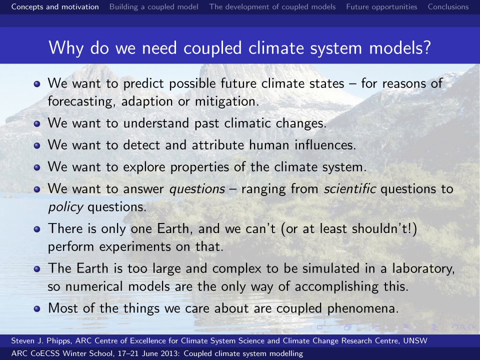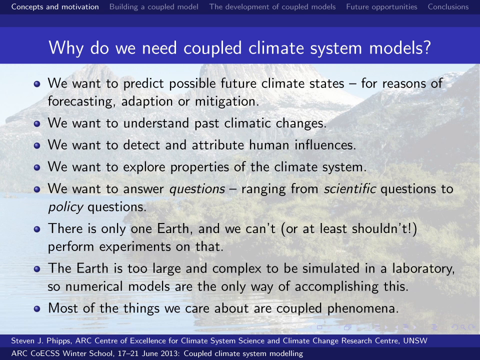We might want to detect and attribute human influences. We may want to explore properties of the climate system. But above all, we want to answer questions. And those questions vary depending upon what our scientific motivations are. But generally, we want to ask a question that might range from being a science question, perhaps, like how does it work, or a policy question, for example, why does it matter to us?